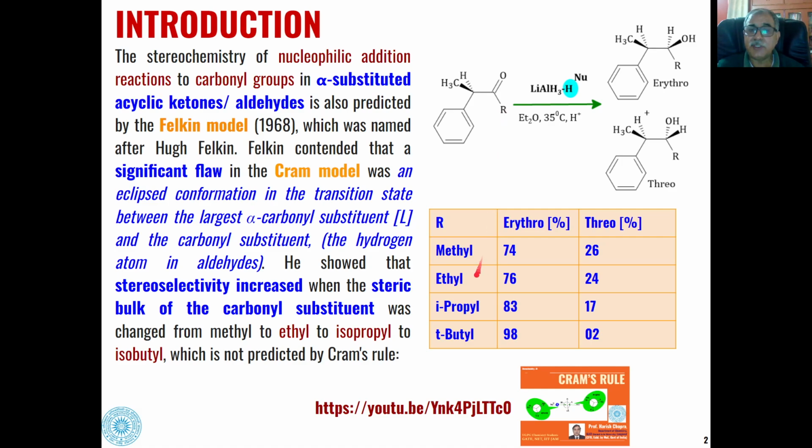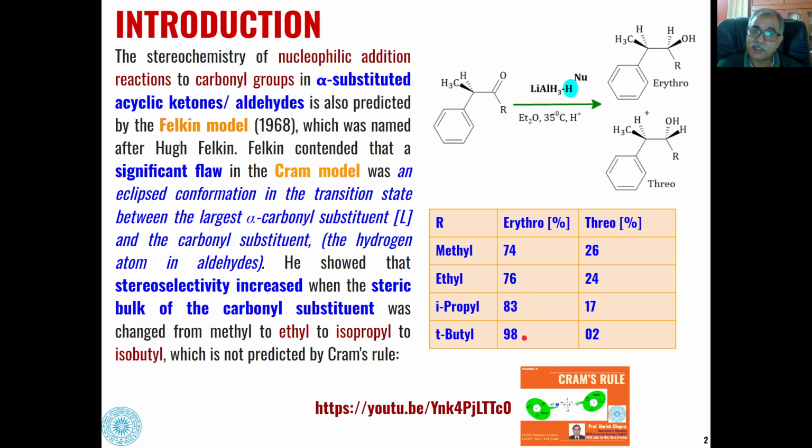As we increase the bulk of this group, changing from methyl to ethyl to isopropyl to tertiary-butyl, the steric bulk of the substituent increases, and as the steric bulk increases, the diastereoselectivity of the product formed also increases.